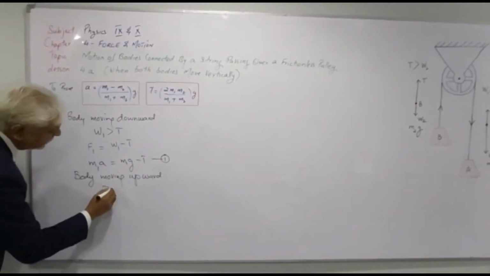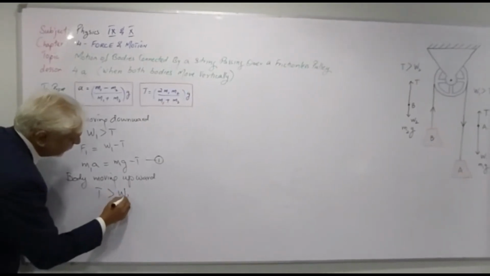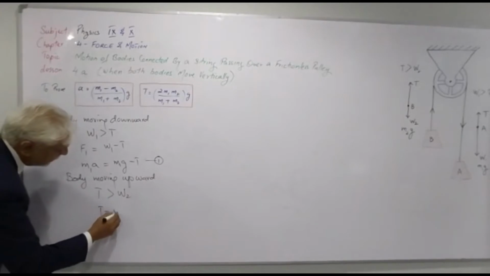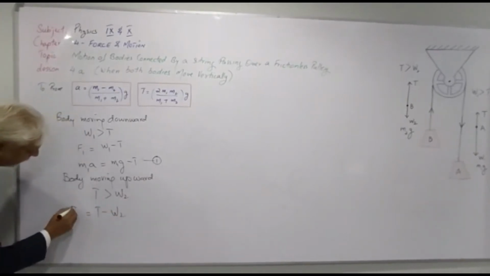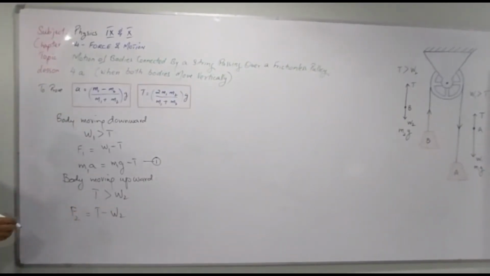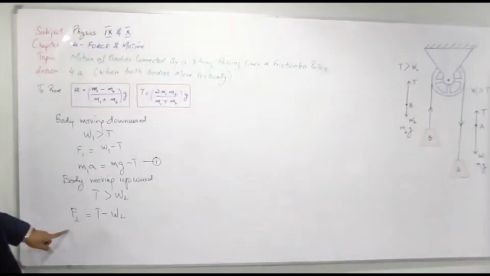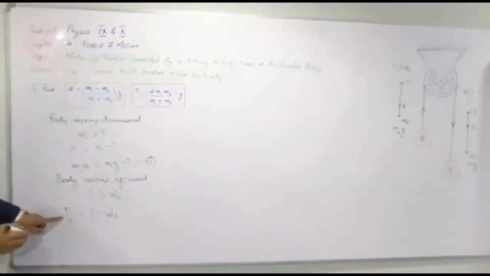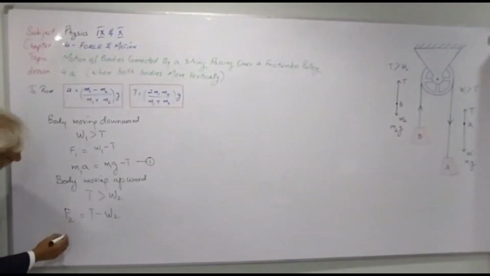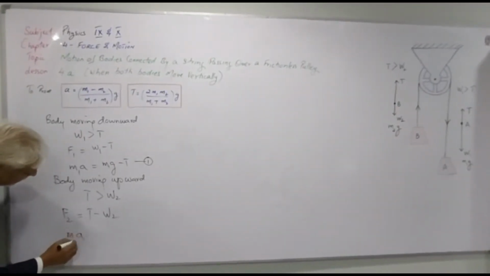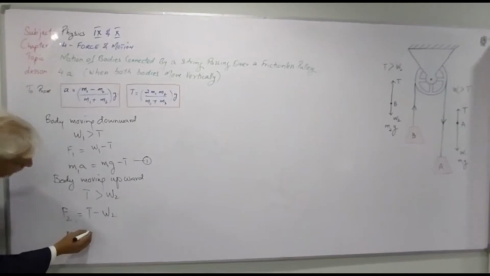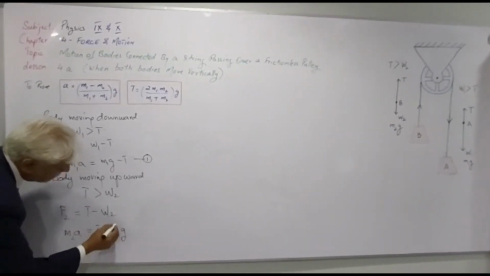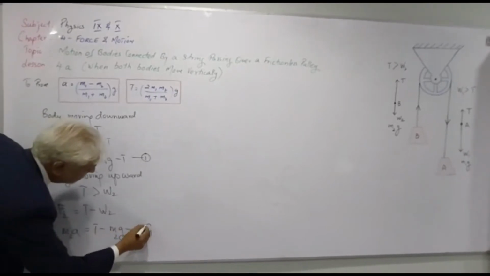So the total net force will be T minus W2 equals F. And according to Newton's second law of motion, F equals ma. So I can replace F with m2a, and W2 as m2g. So m2a equals T minus m2g. Let's call this equation number 2.